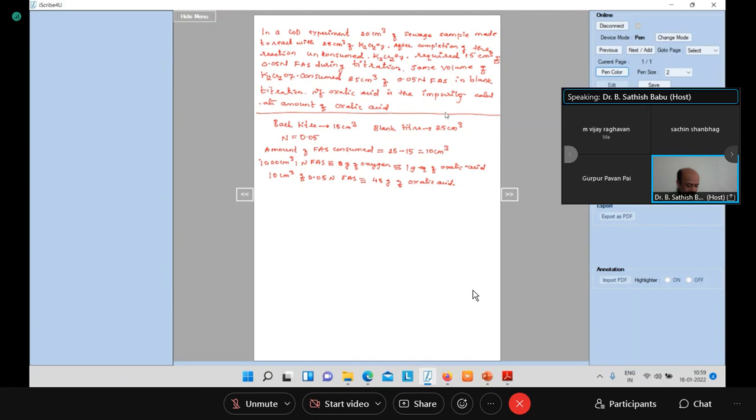So now we can write like this. 1000 cm cube of oxygen, 10 cm cube of 0.05 normal FAS is equivalent to how much? 45 into 10 into 0.05 divided by 1000.